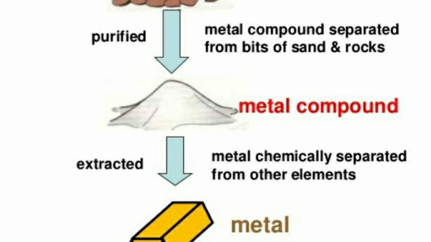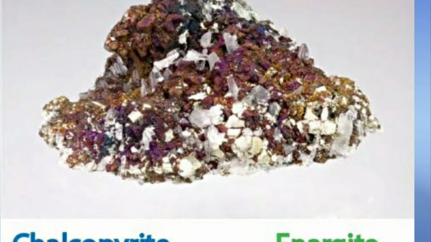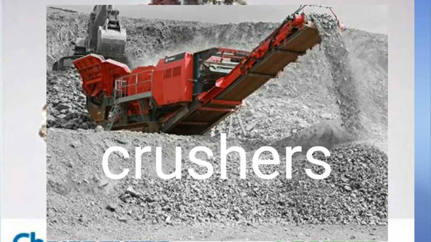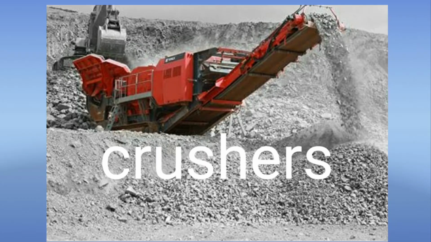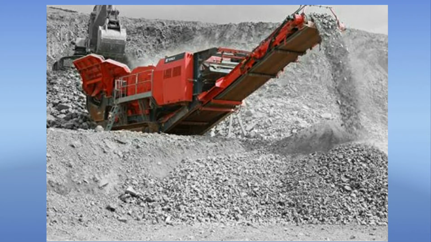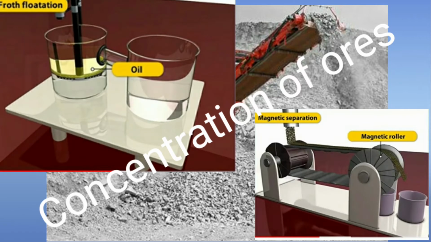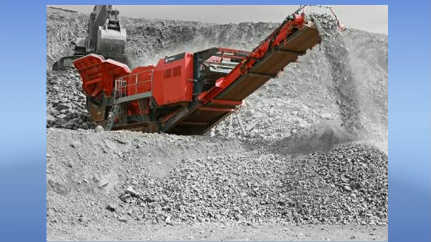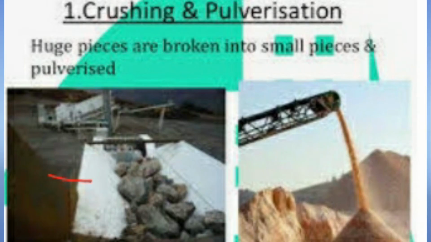These lumps are broken down into smaller pieces with the help of crushers, and then these pieces are converted into fine powder with the help of mills. And this process we call pulverization. So what is pulverization? Pulverization is the process of breaking down of lumps into smaller pieces with the help of crushers and then converting into fine powder.